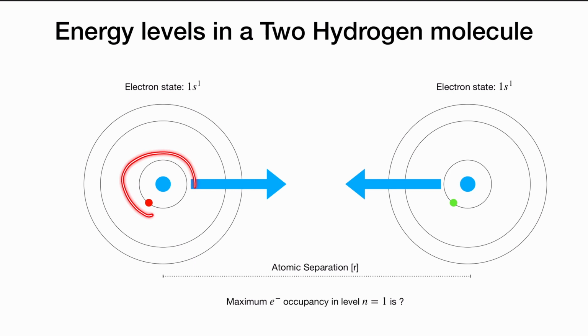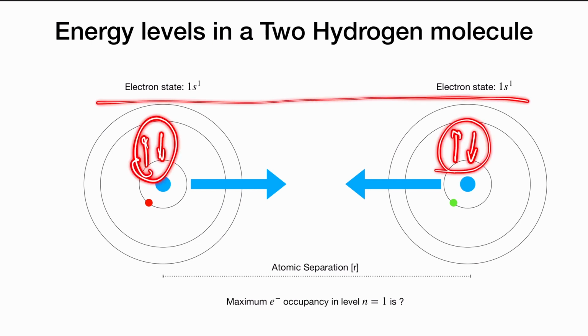Well, over here we had two allowed states. It was either going to be spin up or spin down in the first orbit, and the same is true here, spin up and spin down. But when you bring these two together, notice now you're going to have a spin up and a spin down from this atom, and a spin up and a spin down from this atom.